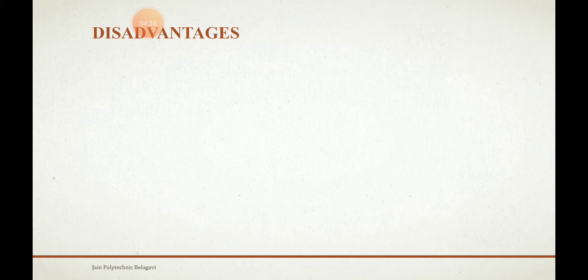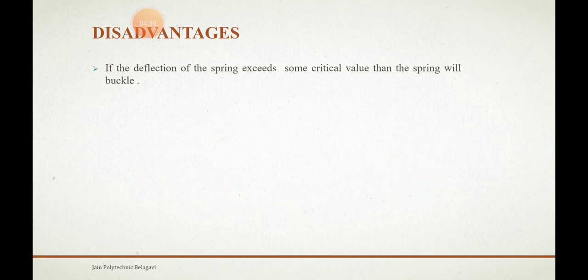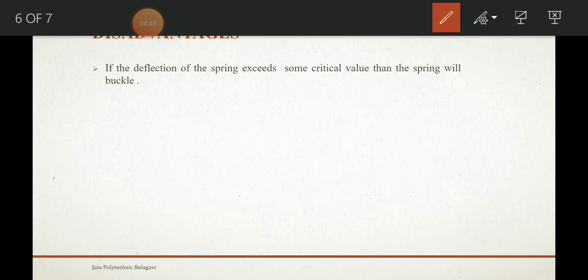Let us move to the disadvantages. What are the disadvantages of the spring? Now see, if the deflection of the spring exceeds some critical value, then the spring will buckle. What does that mean? Suppose this is a spring. If I apply the load, usually it will deform, and when I remove it, it will go back to its original position.